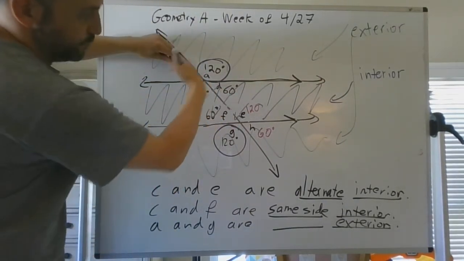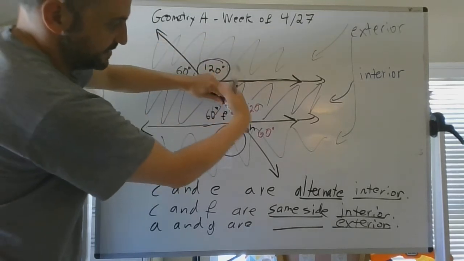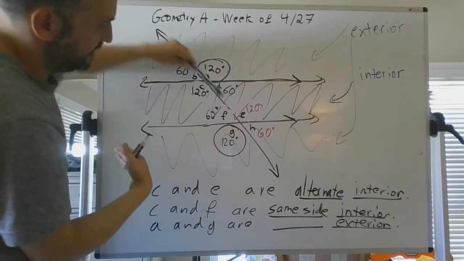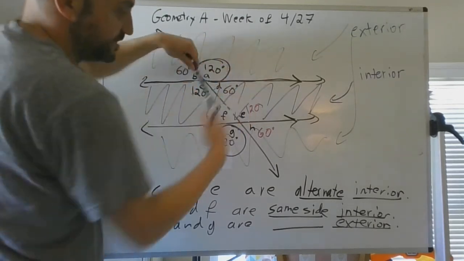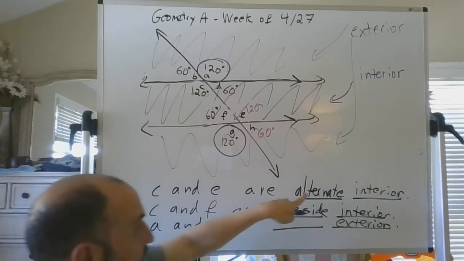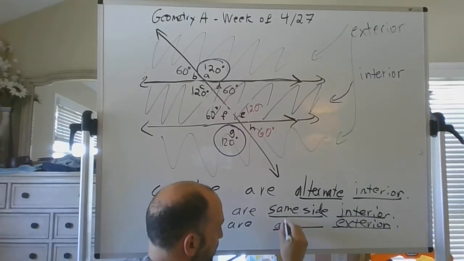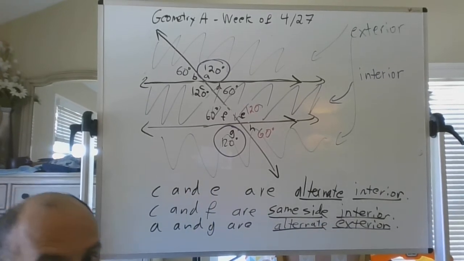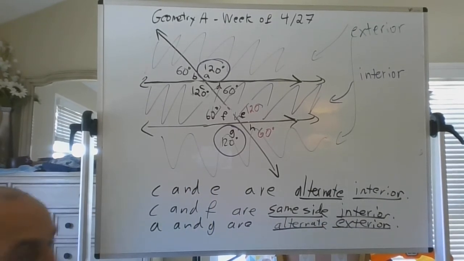A is on the right side, G is on the left side of this. Okay, so if you look at this line down the middle, A is on the right, G is on the left. What do we call it if they're not on the same side? Not on the same side, they are called alternate exterior.